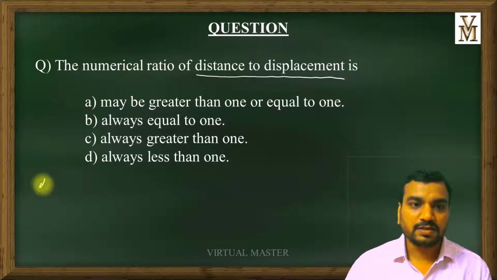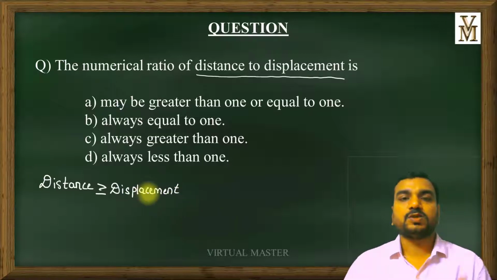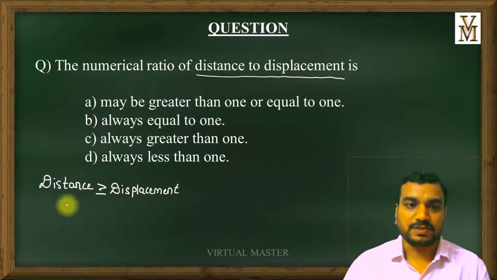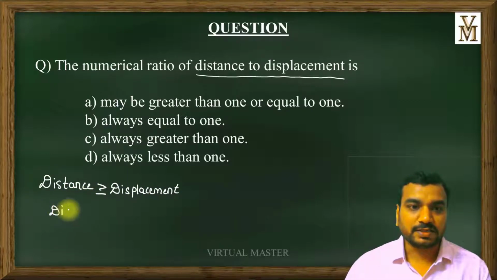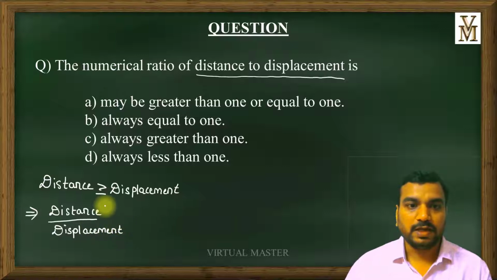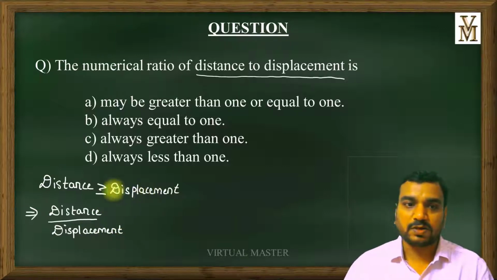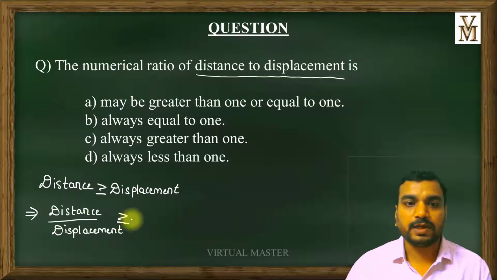We know that distance will always be greater than or equal to displacement, isn't it? Now let us cross multiply displacement to the left side. So distance divided by displacement will be, if I cross multiply displacement on the left side, what will be left on the right side?